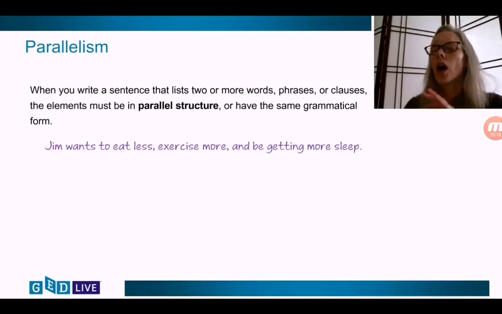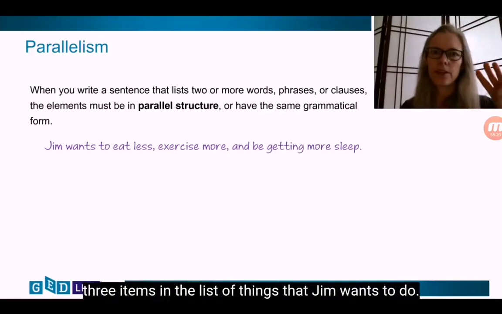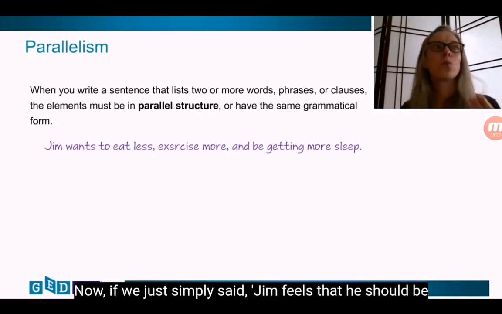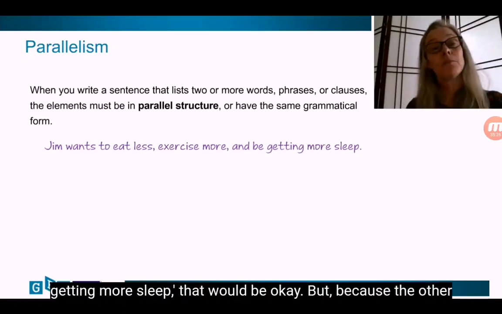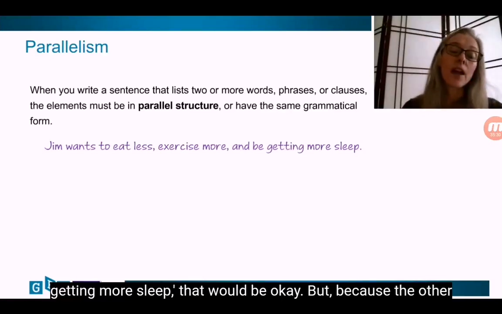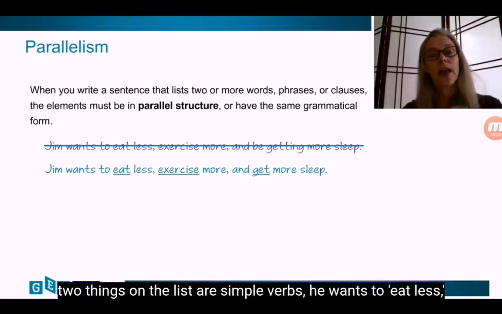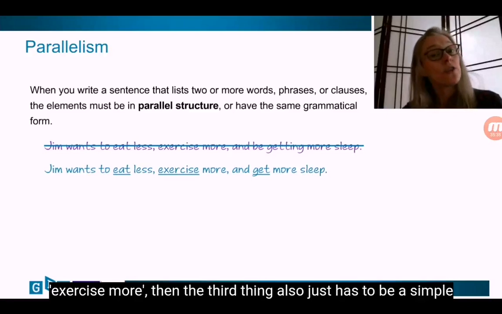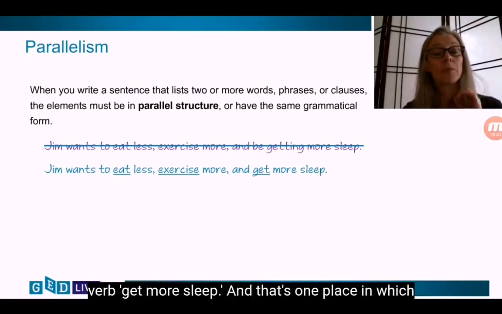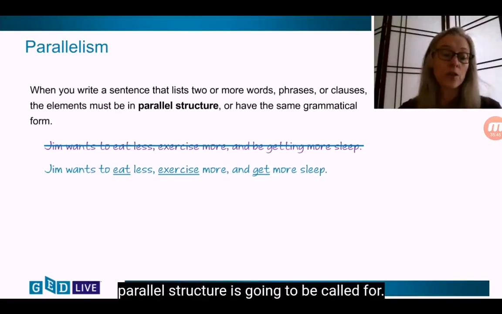So, 3 items in the list of things that Jim wants to do. Now, if we just simply said, Jim feels that he should be getting more sleep, that would be okay. But because the other 2 things in the list are simple verbs, he wants to eat less, exercise more, then the 3rd thing also just has to be a simple verb, get more sleep. Right? And that's one place in which parallel structure is going to be called for.